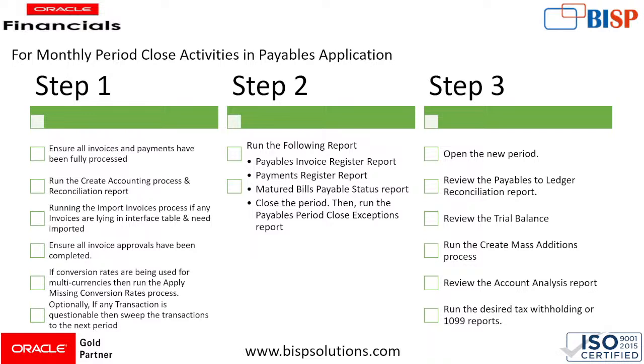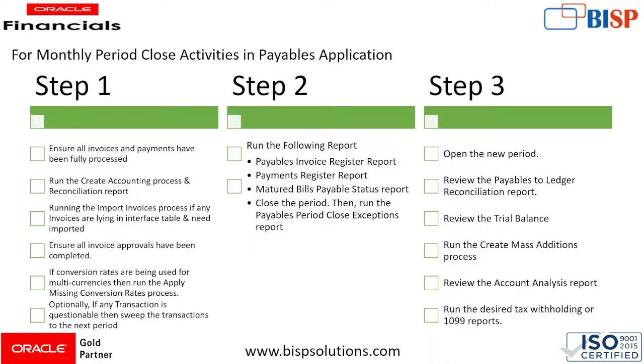And finally, run the desired tax withholding or 1099 reports related to US taxation. So these are the certain steps we have to follow during the month and period close process.